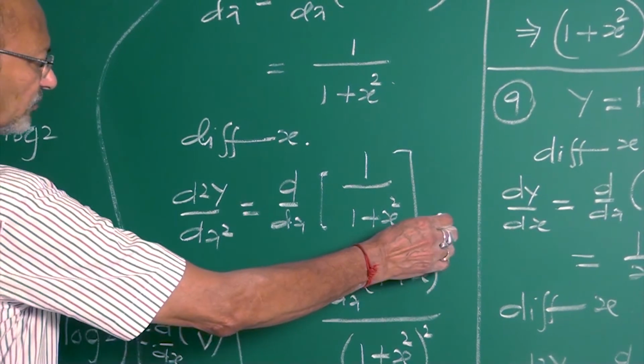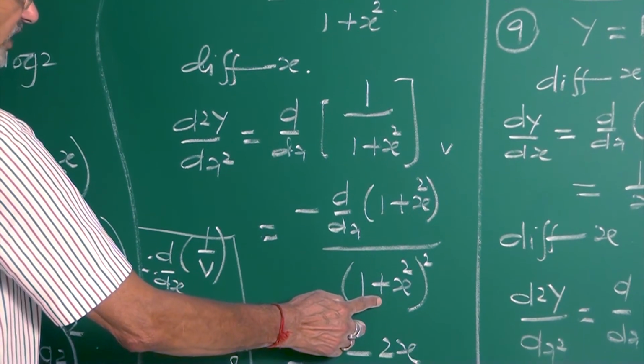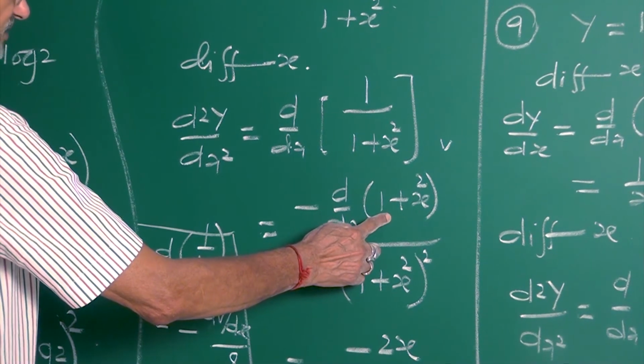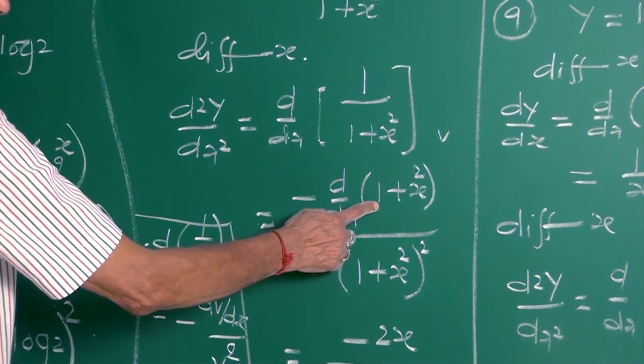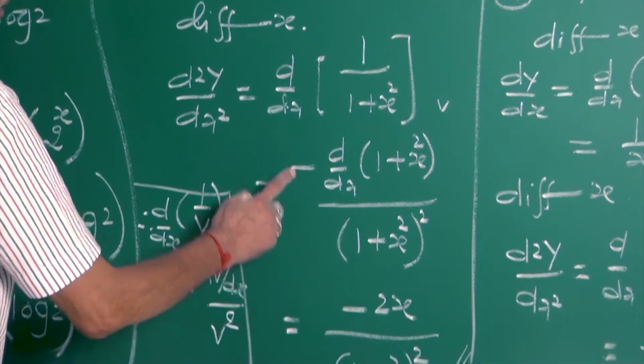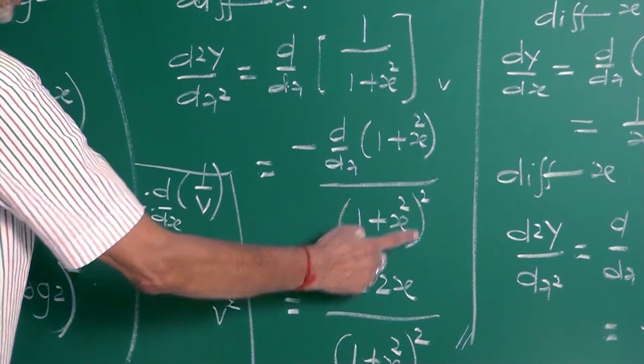This is phi, my friend. Derivative of phi upon phi square. What is the derivative of 1 plus x square? Minus of this, minus comes. Minus 0 plus 2x. Means it is minus 2x upon 1 plus x square the whole square.